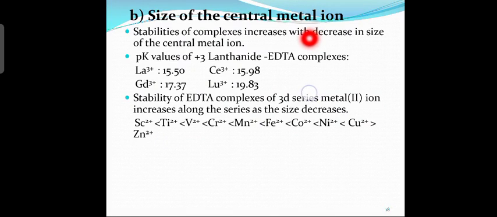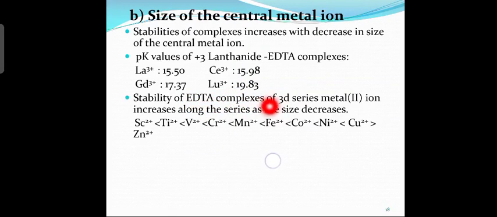Then it depends upon the size of the central metal ion. Okay. Stability of the complex increases with the decrease in size of the metal ion. Okay. Another example, pK values of plus 3 lanthanide EDTA complexes: lanthanum 3 plus, 15.50, gadolinium 17.37, cerium 15.98, lutetium 19.83.